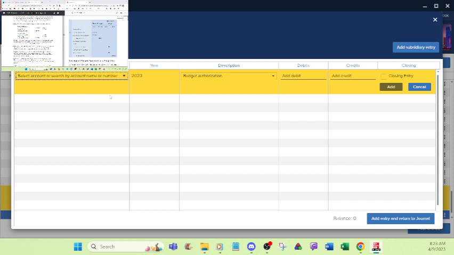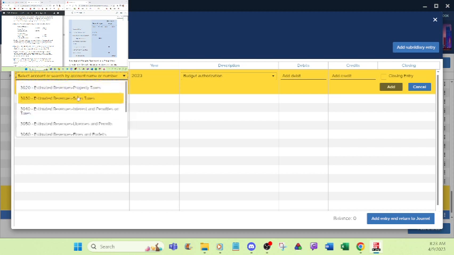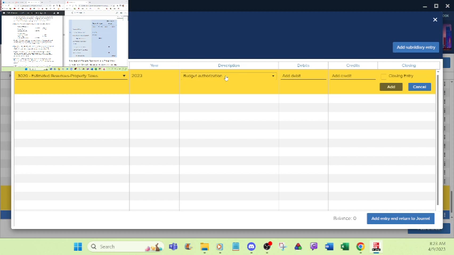We're just going to do this. First, we're going to have estimated revenues. We have the property taxes, and it's going to be called a budget amendment. And then, guess what? We are going to increase the revenue. Increasing the revenue normally is a credit.